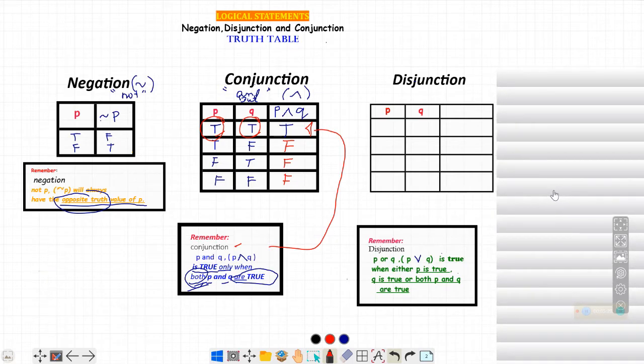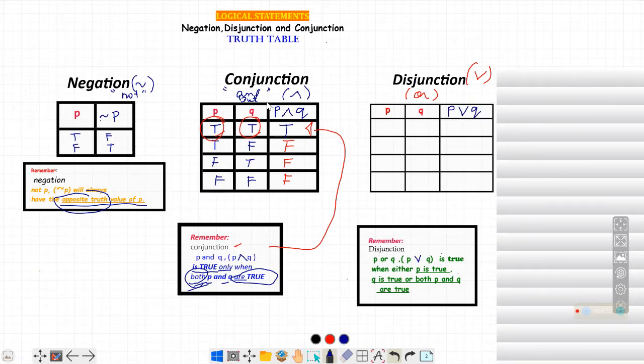For a disjunction, we use the symbol V. This is the symbol that we use for disjunction, and the word or. We read this as or. So for the disjunction of P and Q, we can write it as P V Q.